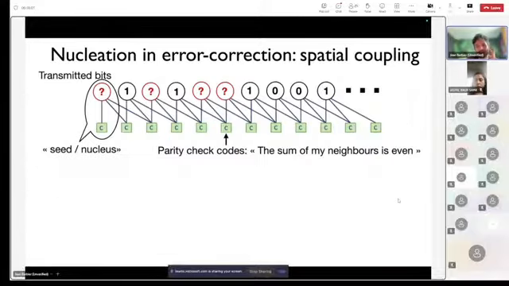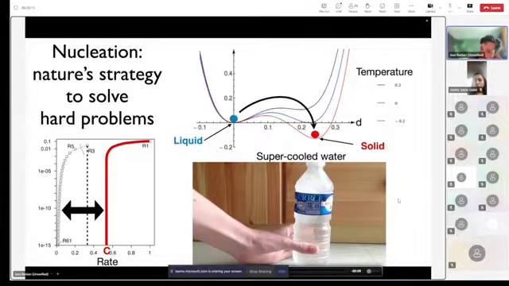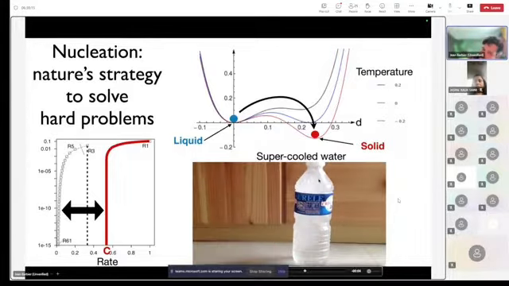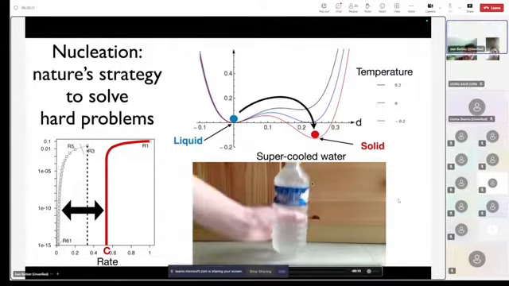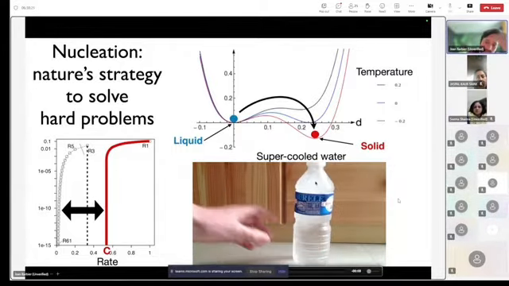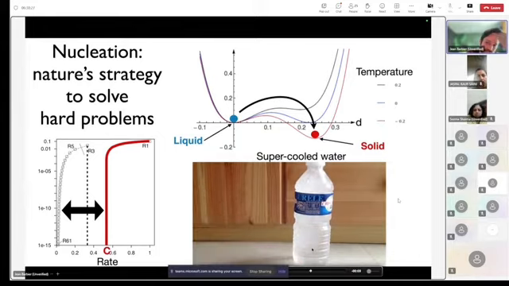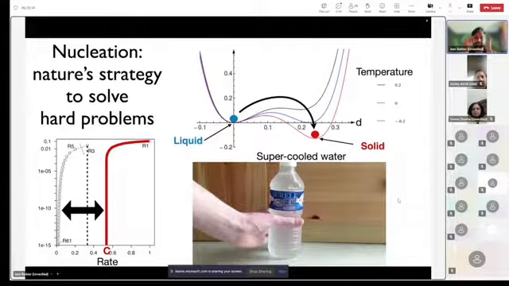And the way nature solves this problem is by nucleation, in the sense that if there is any small perturbation in the system, mechanical or impurities, it is enough to crystallize locally, and then once you crystallize locally, it propagates like this. It has to propagate, okay? And the reason this happens is that the system has a notion of dimensionality.